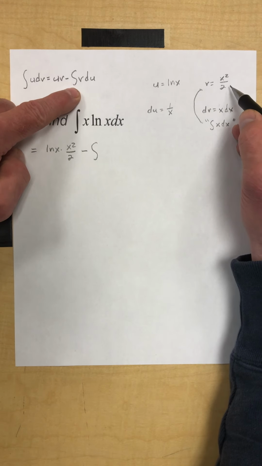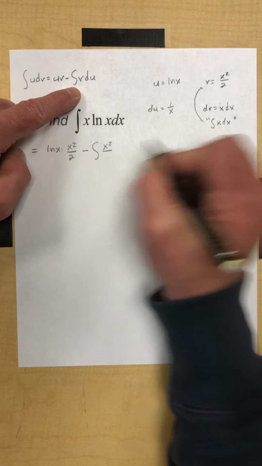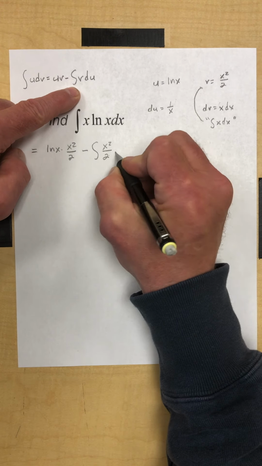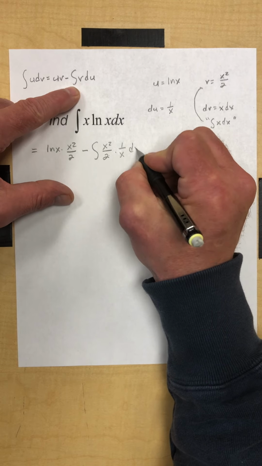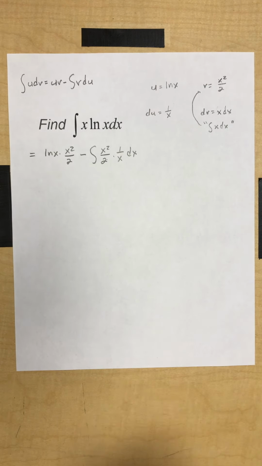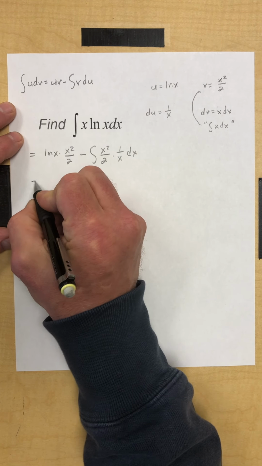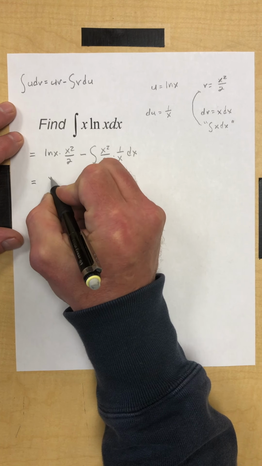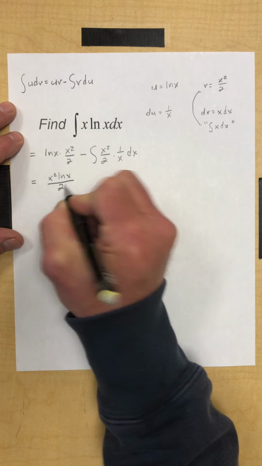So it'd be X squared over 2 times this 1 over X dx. This guy right here, I would probably just multiply them together and write that as X squared natural log of X all over 2.